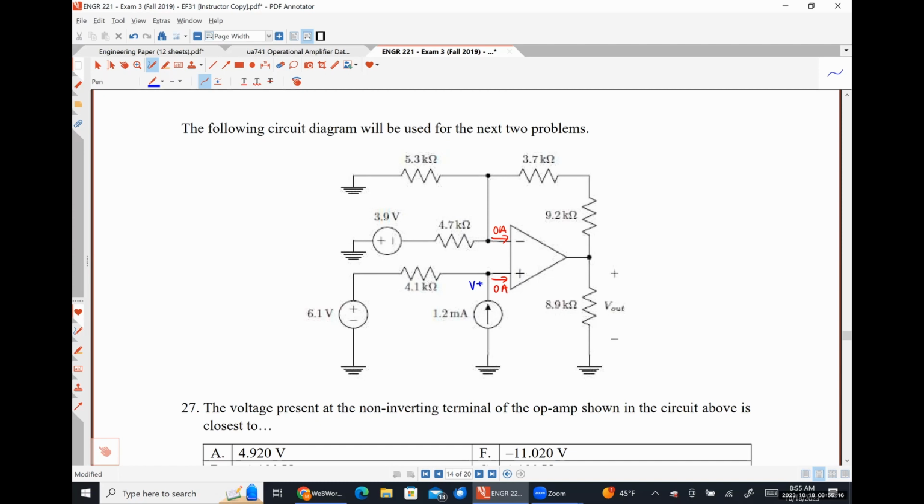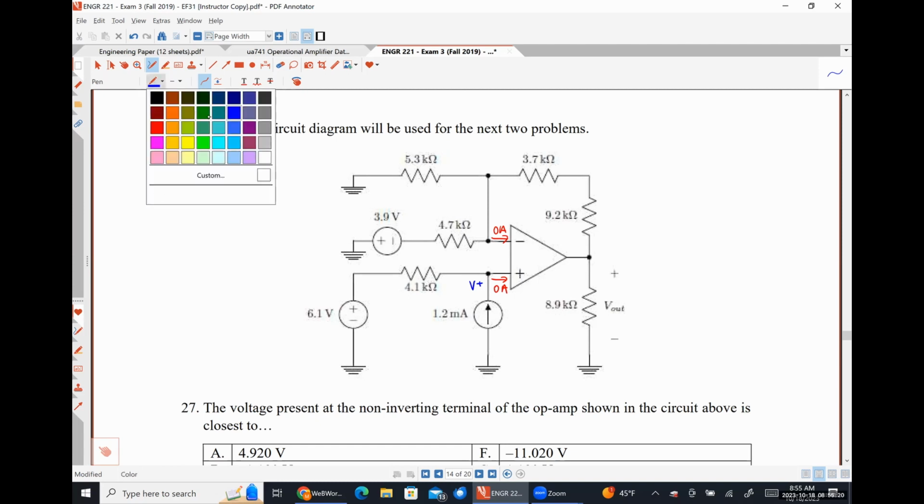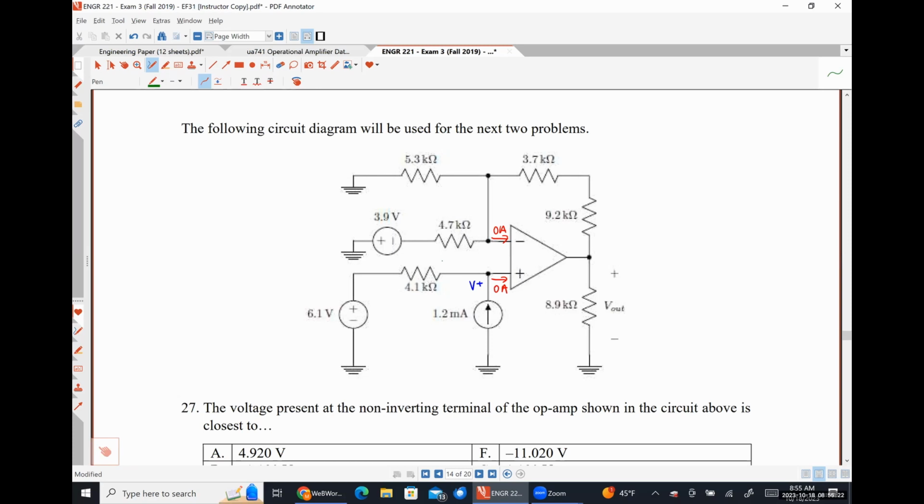Okay, so what Walker has suggested is that the voltage drop over this resistor is 1.2 milliamps, and I need to give myself a little bit more room, times 4.1 kilo ohms with this particular polarity. He is correct. Knowing that piece of information, how do we solve for V plus?